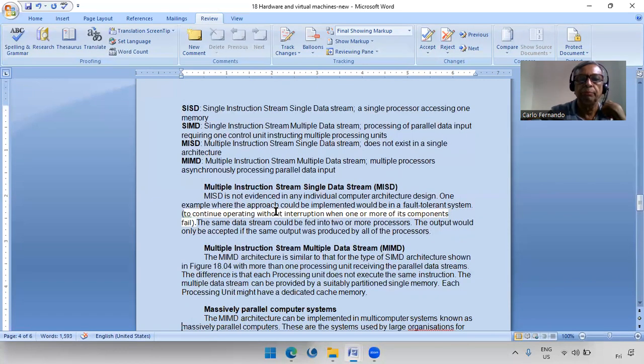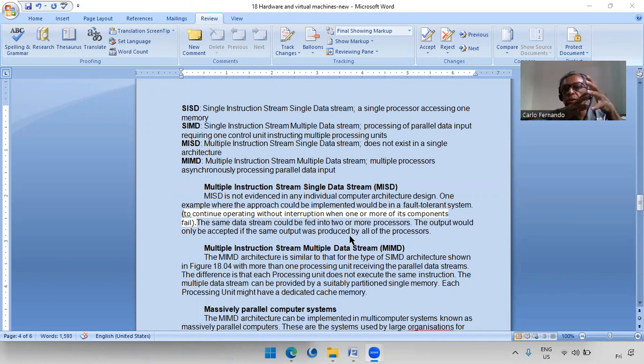One example where the approach could be implemented would be in a fault-tolerant system. What is a fault-tolerant system? It continues operating without interruption when one or more of its components fail.